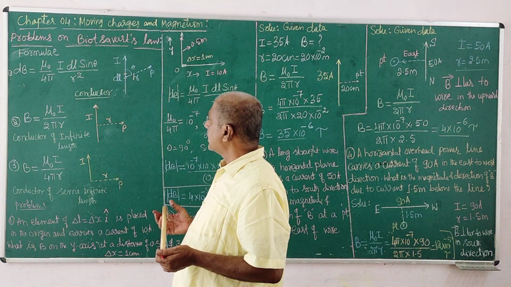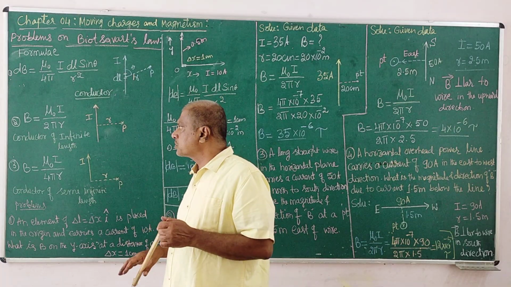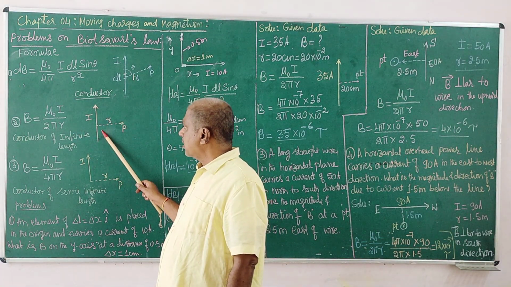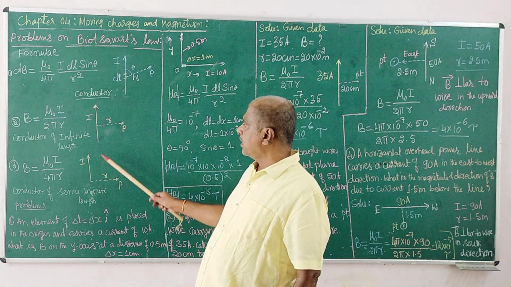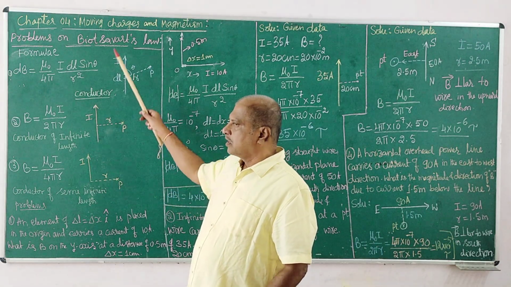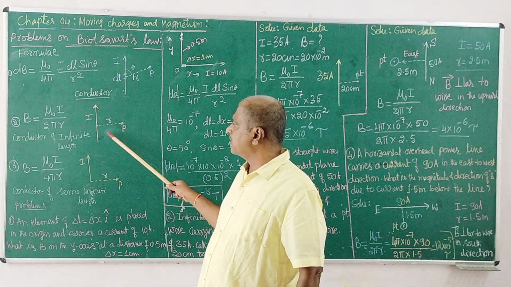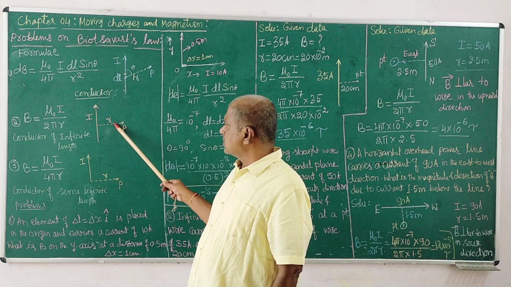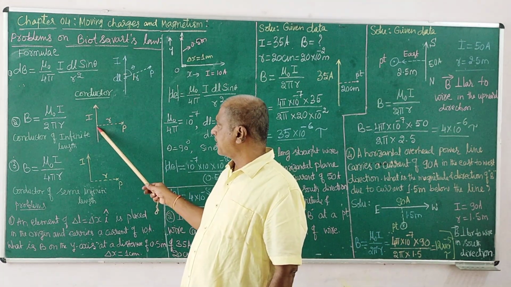For the integral form of the equation for finite values, the equation is this. For a conductor of infinite length, infinite means the length is beyond our measurement limit, and r is the perpendicular distance between the point and the conductor.